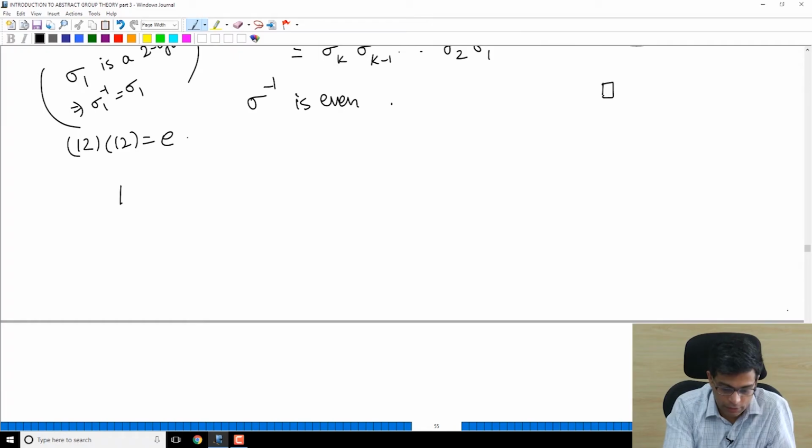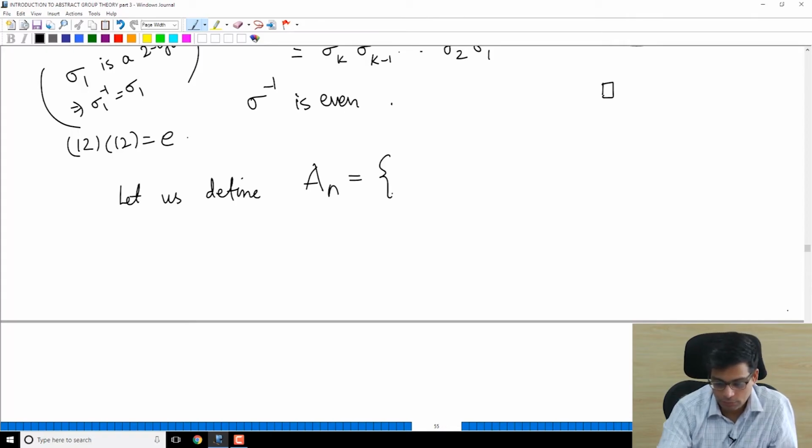So now let us define a subset An. These are sigma in Sn such that sigma is even.